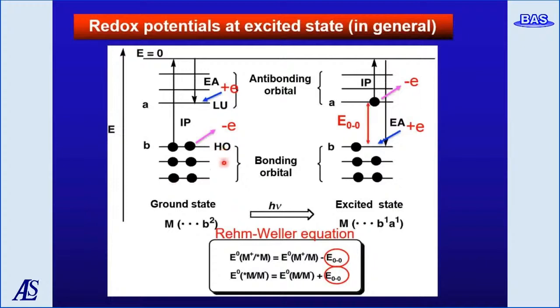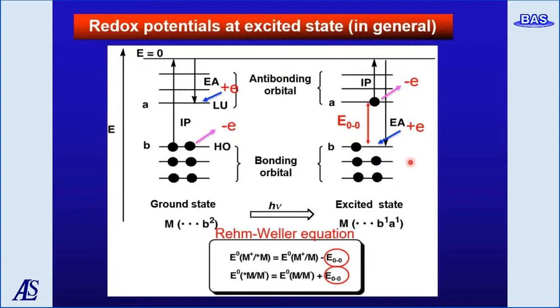But in the excited state, the removal of the excited electron at the LUMO level corresponds to the oxidation potential at the excited state. In other words, the energy of the excited state E00 is subtracted from the energy of the oxidation potential at the ground state.